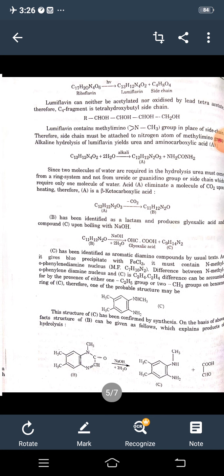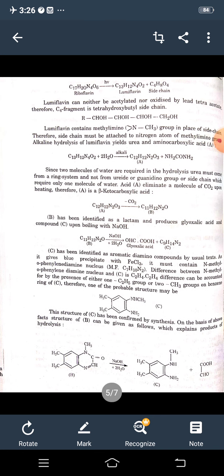So lumiflavin can neither be acetylated nor can it be oxidized by lead tetraacetate. Therefore, the C4 fragment is a tetrahydroxybutyl side chain, or CHOH, CHOH, CHOH, CH2OH.